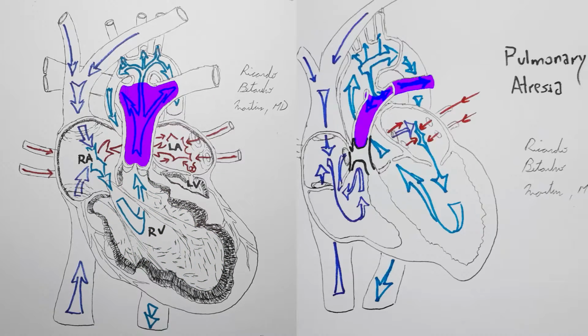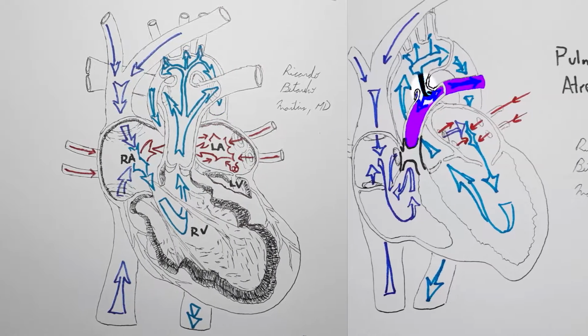And all the blood that's going to reach the aorta is coming from the pulmonary trunk through the patent ductus arteriosus. So, both in pulmonary atresia and in hypoplastic left heart syndrome, we have one of the great vessels receiving all of its blood from the other one through the patent ductus arteriosus.